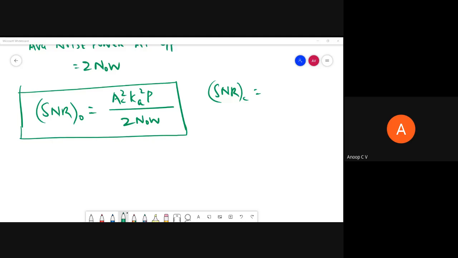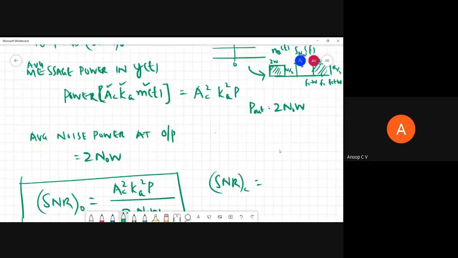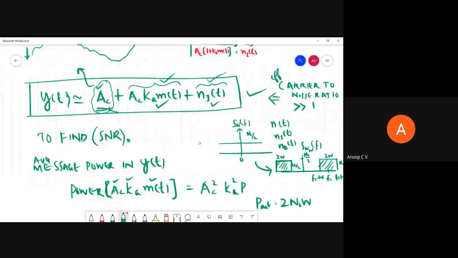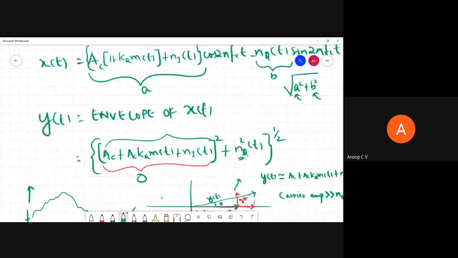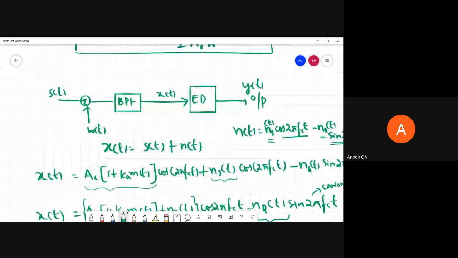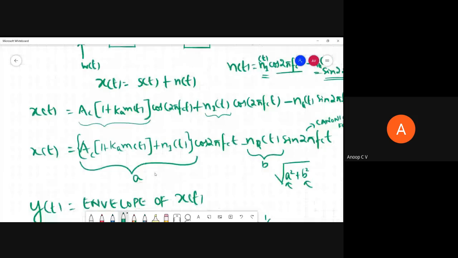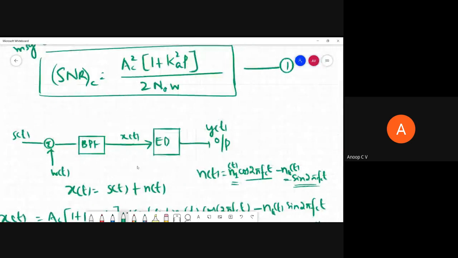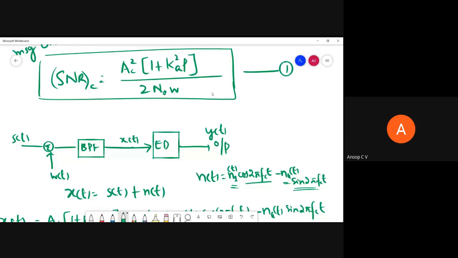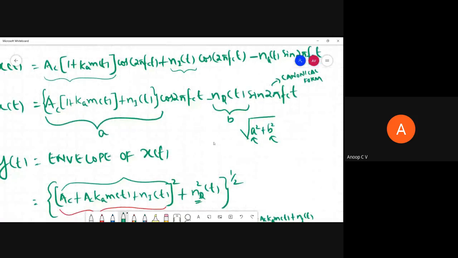So Ac square (1 plus Ka square P) by 2 N naught W, right? Okay, thank you. Or else we'll just cross verify the answer. Ac square (1 plus Ka square P) divided by 2 N naught W, that is the channel SNR, right?